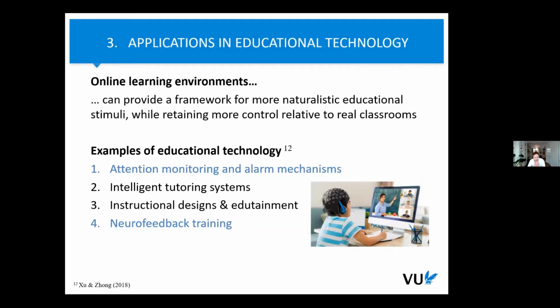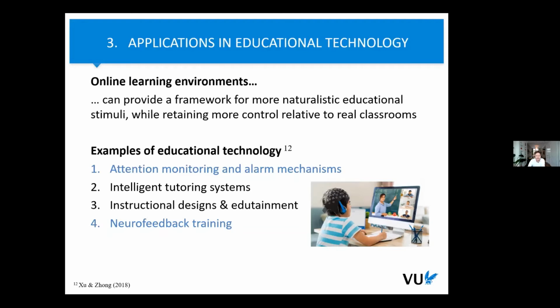So a review by Xu and Zhang found quite a few studies focusing on educational technology. And it's important to emphasize again, these are studies done by computer scientists, not really neuroscientists. So the focus is really on the technology and less on the neuroscience and the understanding behind it.